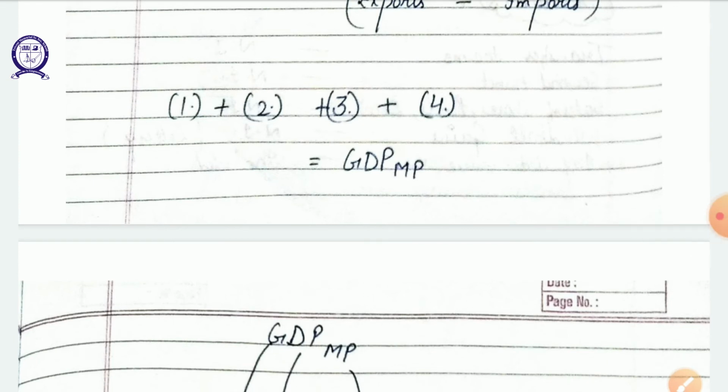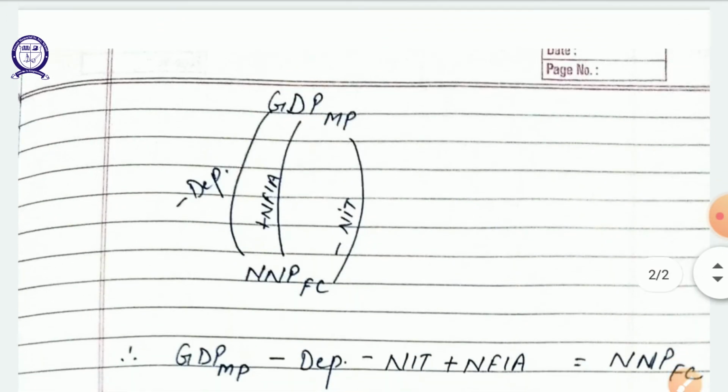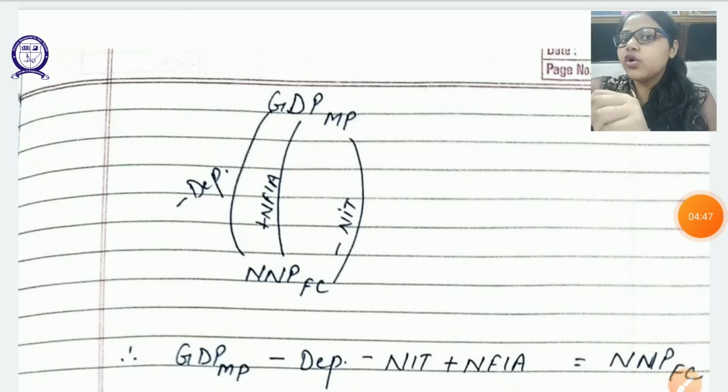Now in chapter number 3, and in your first and second methods also, we have discussed how to change GDP at MP into NNP at FC. GDP at MP and NNP at FC can be interchanged with the help of some adjustments.